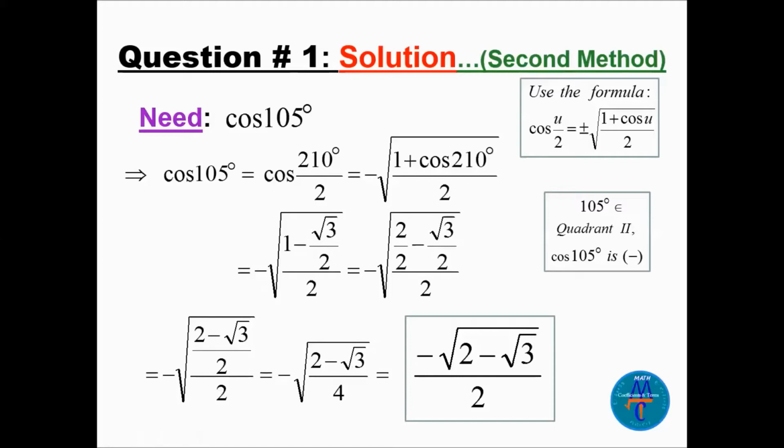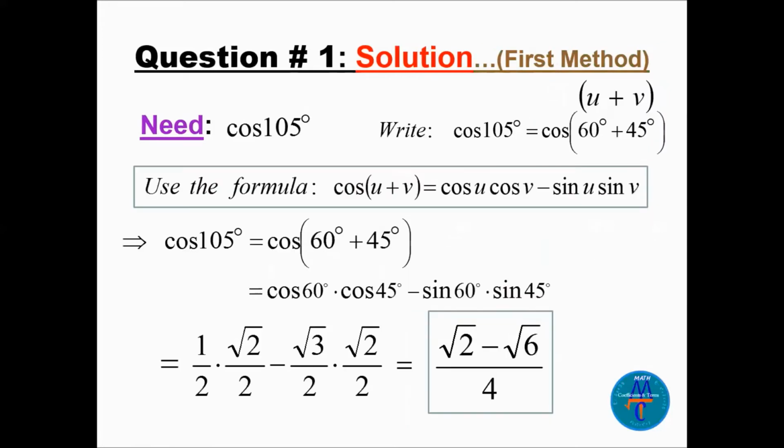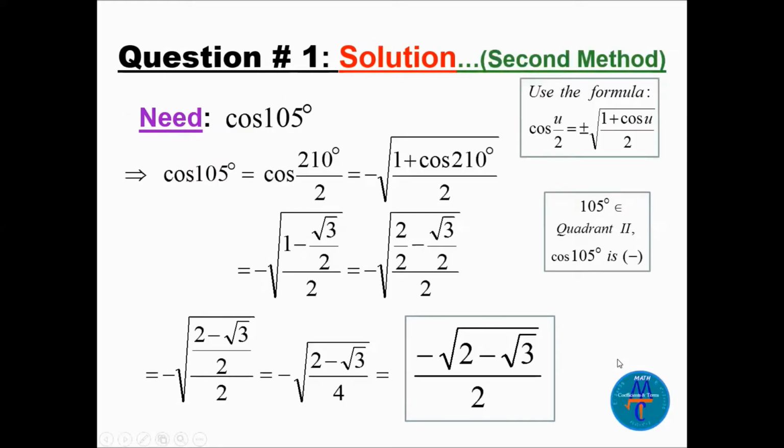Just compare now answer number 2, this one here, with answer number 1. You can also take a second and show that this number here, square root of 2 minus square root of 6 over 4, is the same as this number, minus square root of 2 minus square root of 3, all divided by 2.